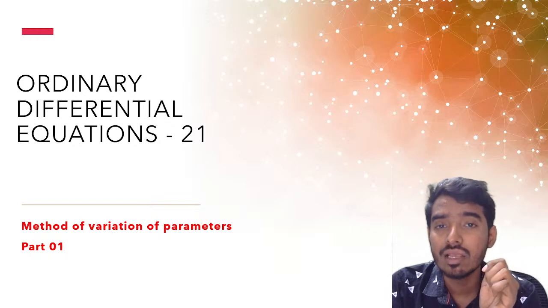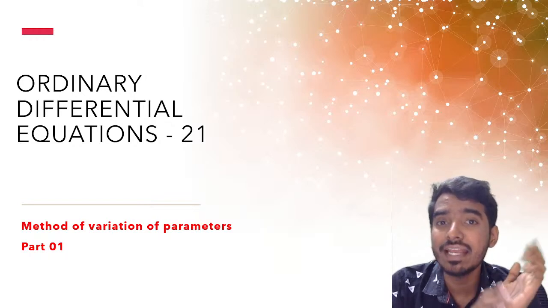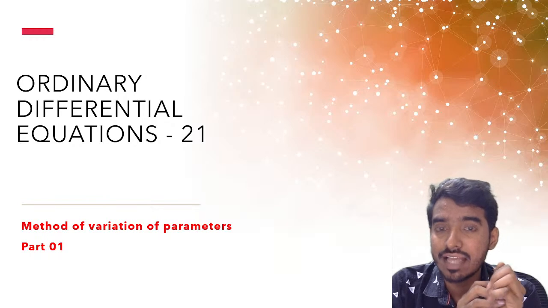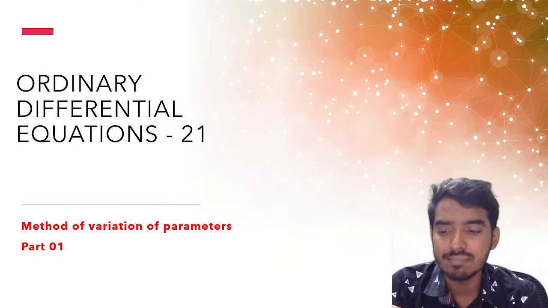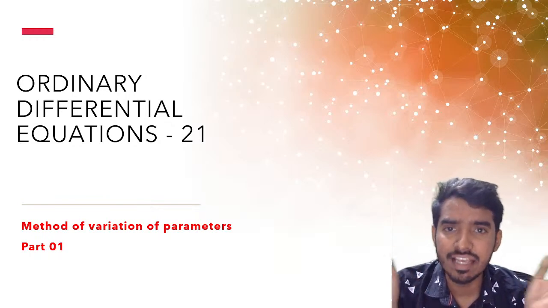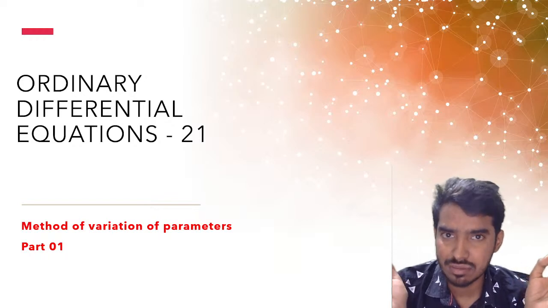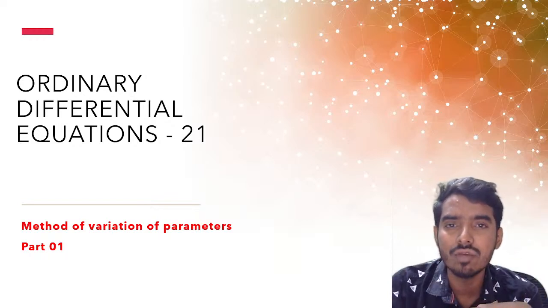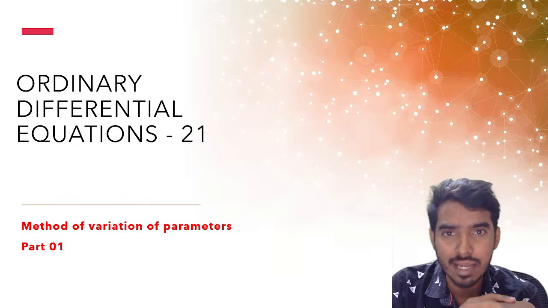For example, if your RHS is tan ax, it doesn't fall under any type. If your RHS is tan ax, secant ax, or cosecant ax, it doesn't fall under any of the types, so in that case we use the method of variation of parameters.